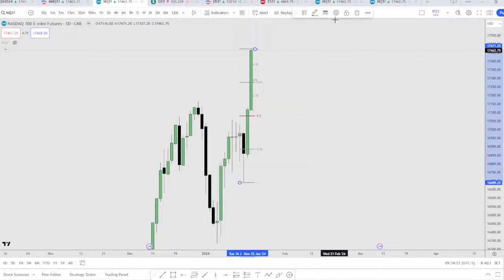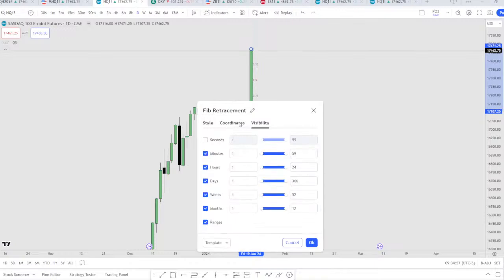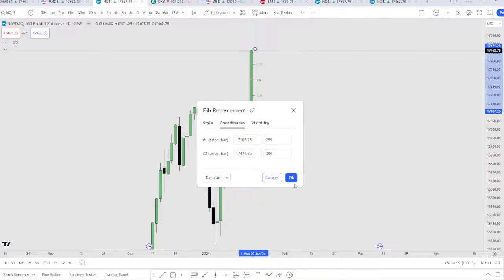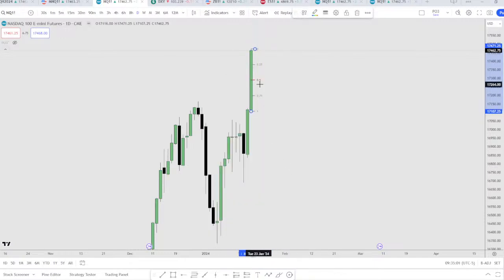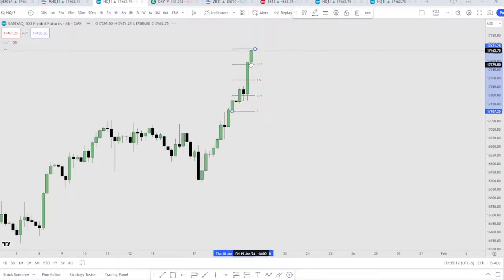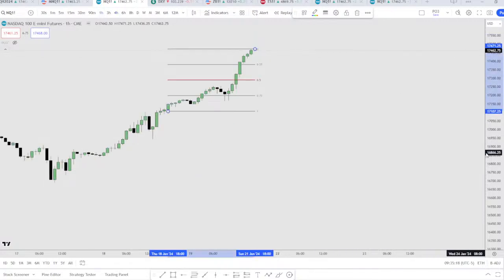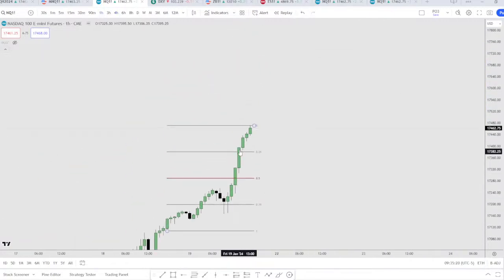I'm gonna apply that grading on the daily candle itself, and I want to see if we can take out Friday's high next week. Okay, so from there we can have 4 hours. We have this order block, this fair value gap here, on the 1 hour, this fair value gap.